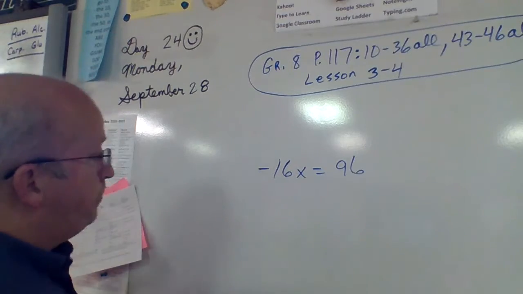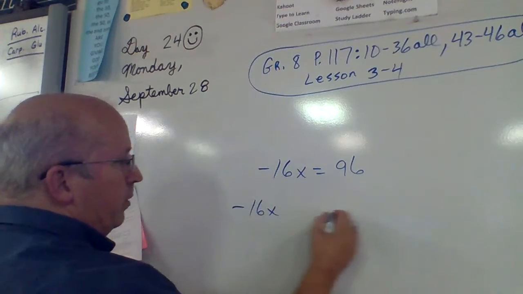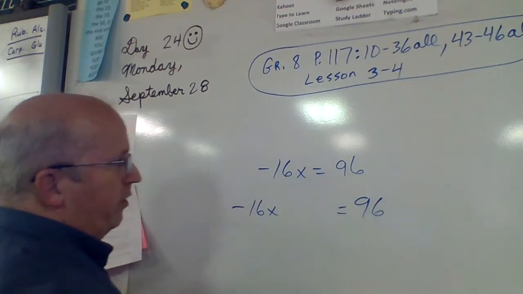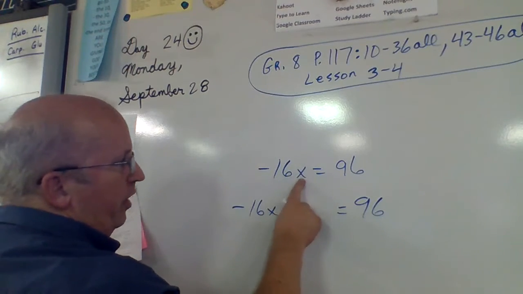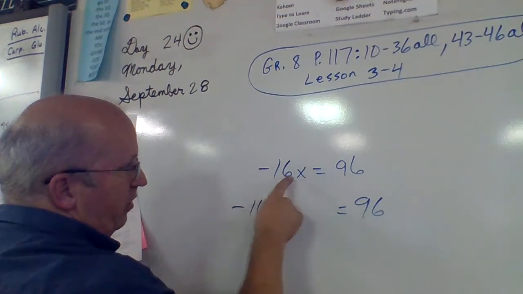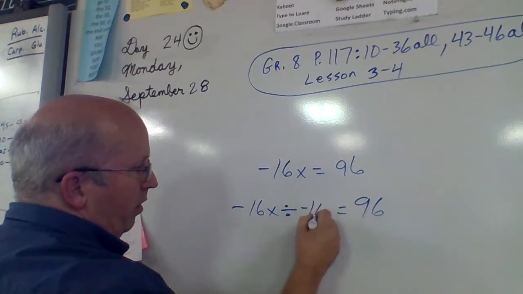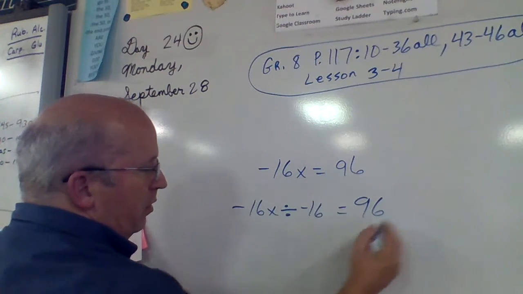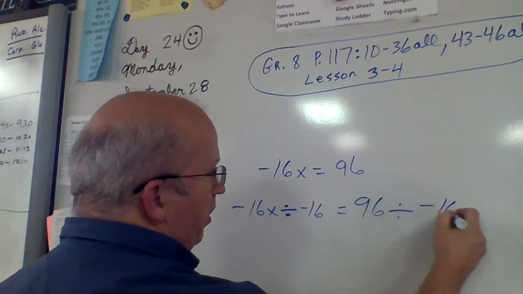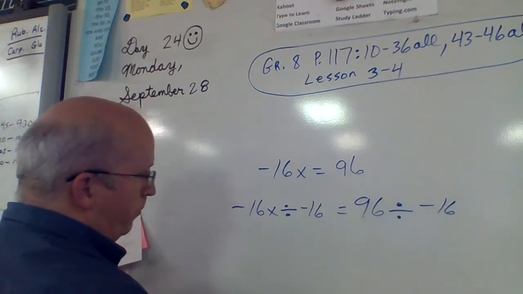Well, I'm going to write out the problem, and I'm going to think to myself, what is x attached to? X is attached to this negative 16 by multiplication. What's the opposite of multiplying by negative 16? Dividing by negative 16. I'm going to do it to both sides of the equation.